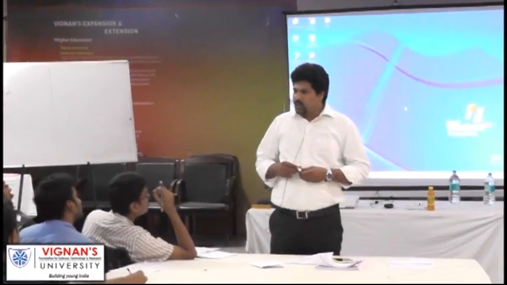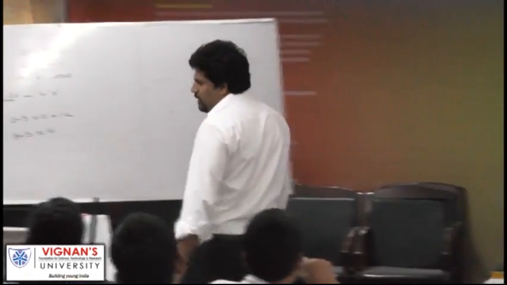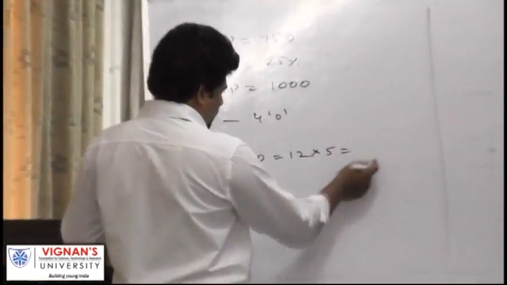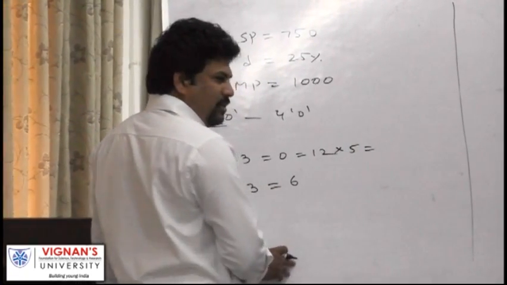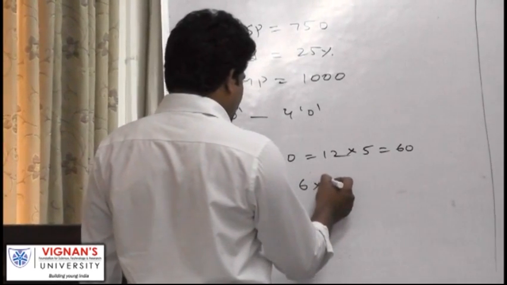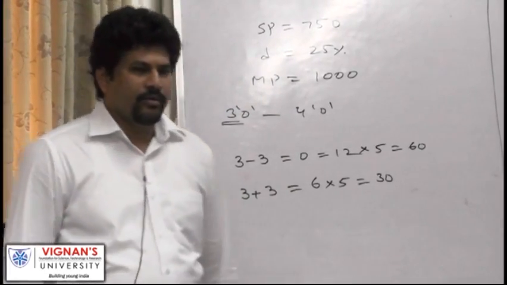5. 1 to 2, how many minute spaces are there? 5. So what I say is, 12 hours, 60 minute spaces. Now here also 5, 30, right?